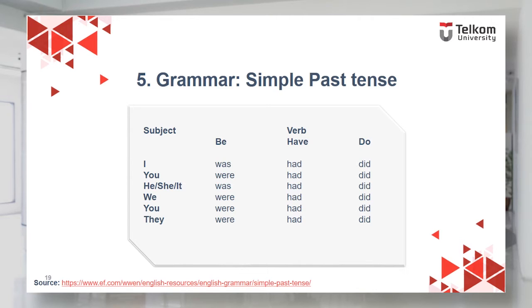For subject he, she, and it, we use was, had, did. For subject we, we use were, had, did. For subject you, we use were, had, did. And for subject they, we use were, had, did.